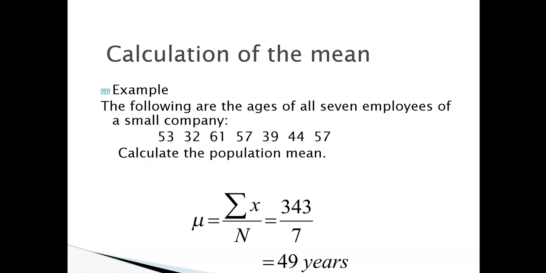The data points that we have are 53, 32, 61, 57, 39, 44, and 57. Adding all those together, the summation will be 343. Divide by the number of data points, which is in this case 7, will equal 49 years. So the average for these numbers is 49 years of age.